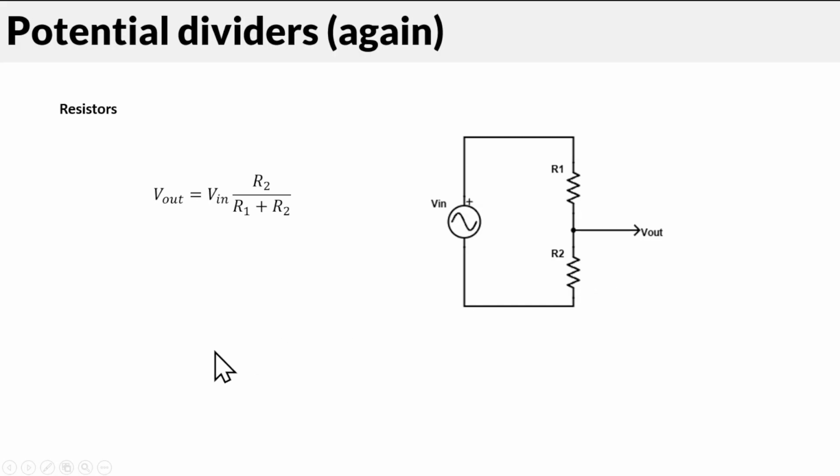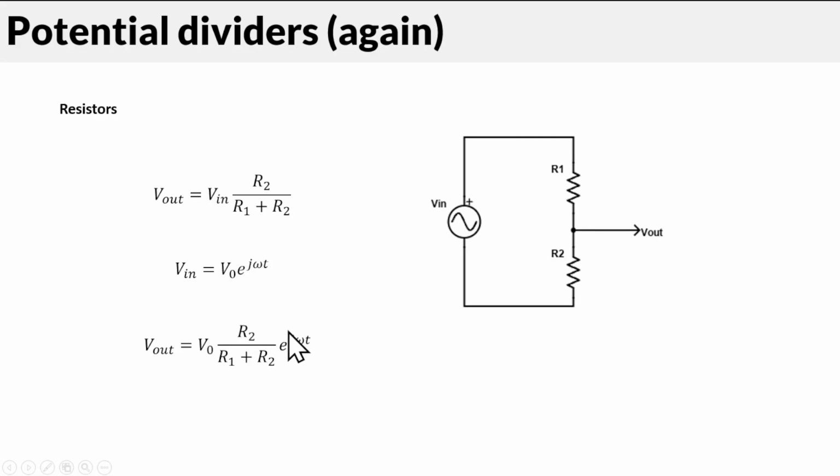Obviously, if we put in a sinusoidally oscillating input voltage like this, we're basically going to have the same behavior as we would expect. The output voltage is multiplied by a completely real number, which is V0 times the potential divider ratio.